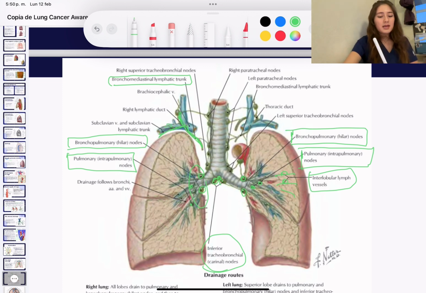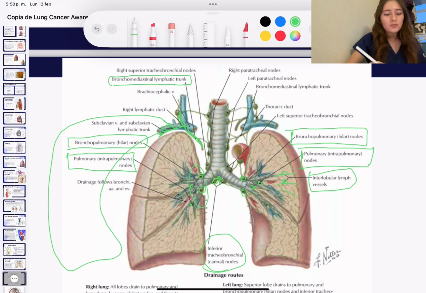We know that then they go to the arm to supply the lymph nodes, because we also have accumulation of nodes in the axillary fossa, and some from the breast.